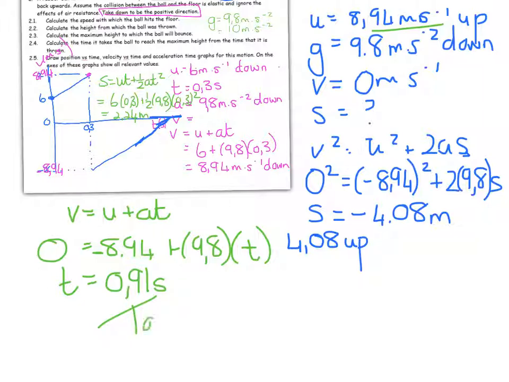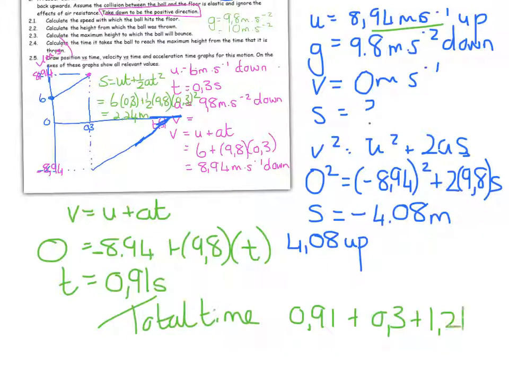So my total time is 0,91 plus 0,3 equals 1,21 seconds. That's the total time that it was in the air up until it got to the top of its projectile.